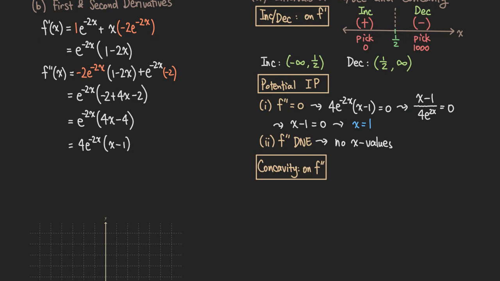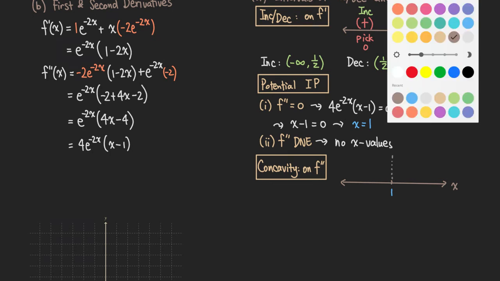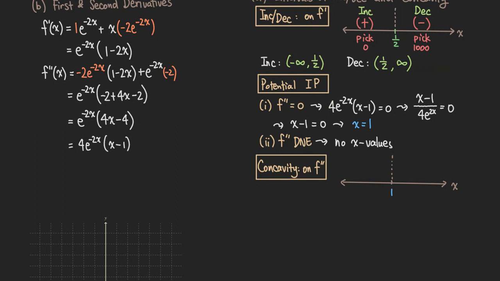Let's make the sign analysis chart. We are going to get 1 on there, because that's the only number that we have. Now let's pick some numbers. On the right side of the 1, we can just pick 1000, and on the left side of the 1, we can pick 0.